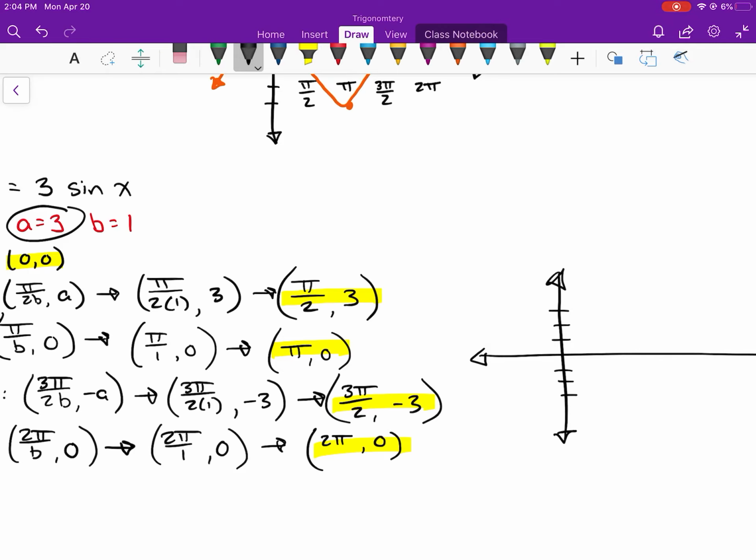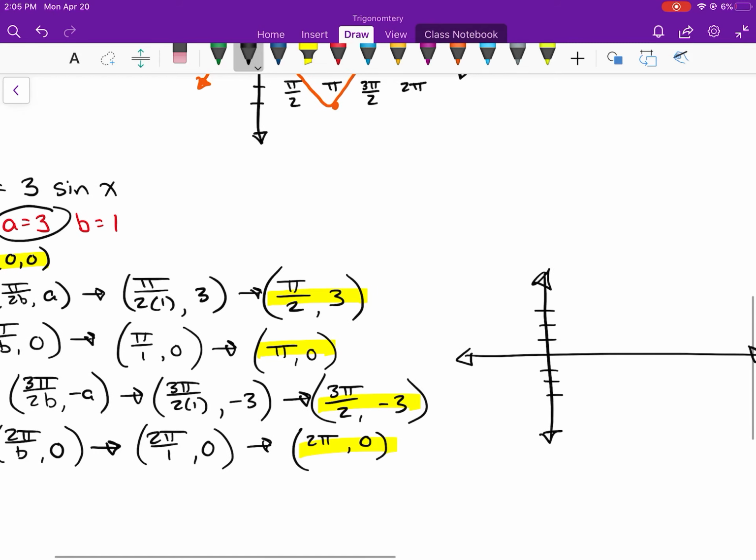So that means I have 4 points to the right of 0. So 1, 2, 3, 4. Label them. This is the first one, second one, third one, fourth one. So it'd be pi over 2, pi, 3 pi over 2, and 2 pi. And plot these points.